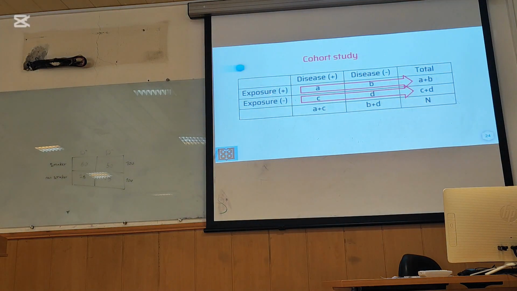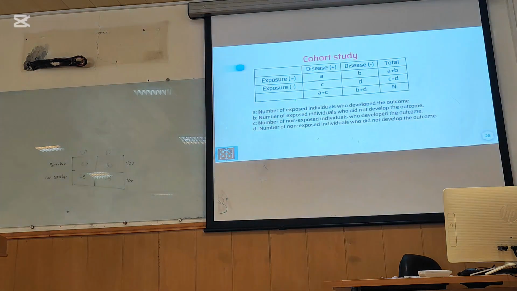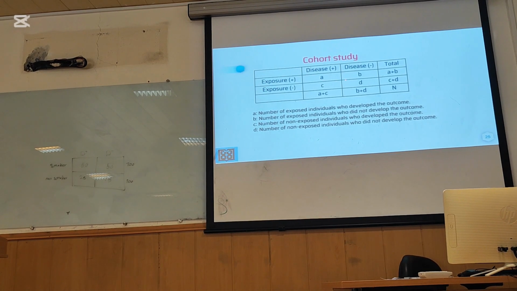So, in a cohort study, you should select the exposed group and the unexposed group, and after that you should follow them. Okay? When we have a cohort study, the 2x2 table is a very important tool to assess the association.